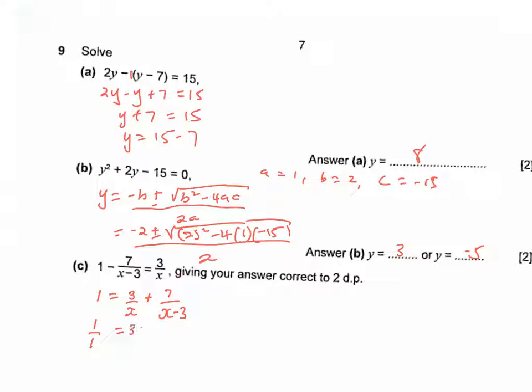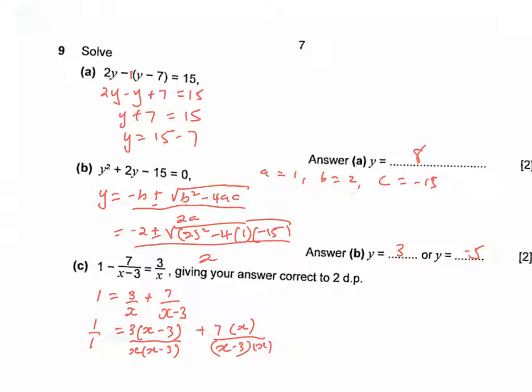If I do that, I'll have 3 times x minus 3, and then down I have x times x minus 3. I'm done with that fraction. Then I multiply this fraction by x, which means I have 7 times x and x minus 3 also times x.